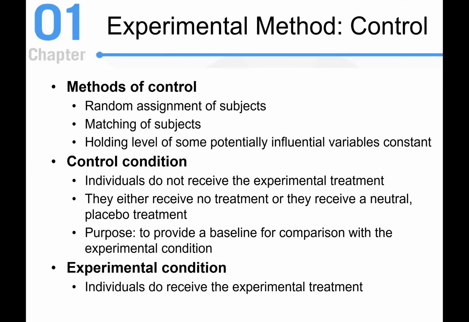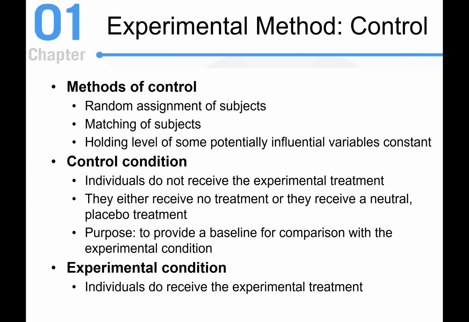And then we could hold the level of potentially influential variables constant. If I think some kind of variable is very important, that if it's not held constant, it'll mess up my study, then I'll make it so that I hold it constant. So if I'm measuring depression in individuals, I want to make sure that the way I am talking to the people in the different groups in my study is exactly the same.